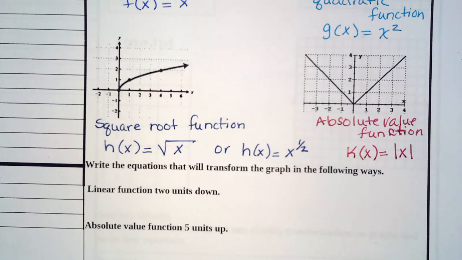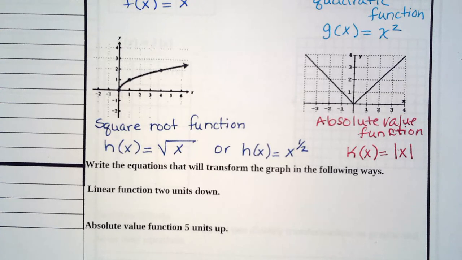So if you write the equation that will transform the graph in the following ways: the linear function 2 units down. 2 units down means I'm going to do what?